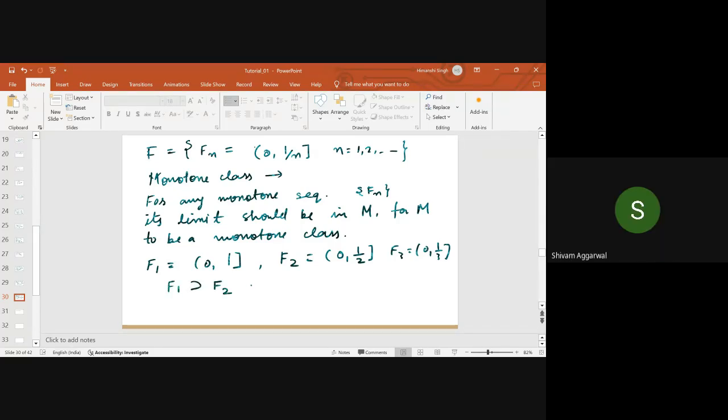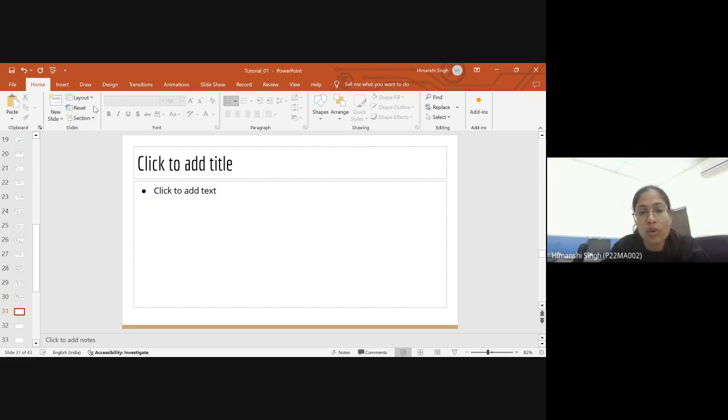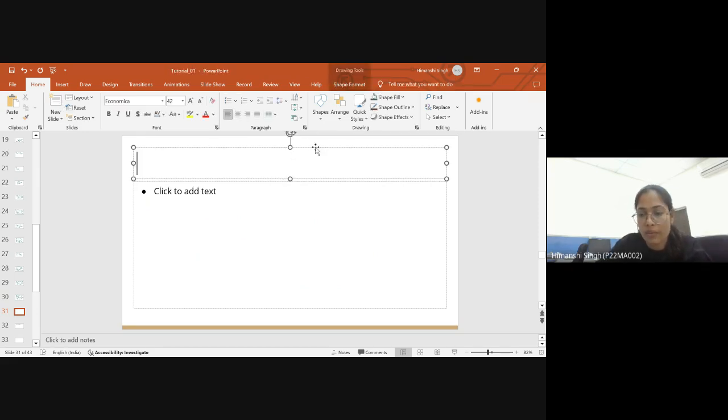It is decreasing, so it is basically a monotonically decreasing sequence. As already proved by sir, for any monotonically decreasing sequence, what result do we have, where does its limit go?